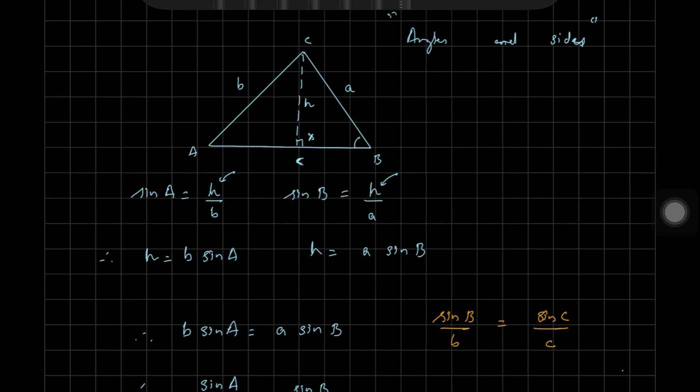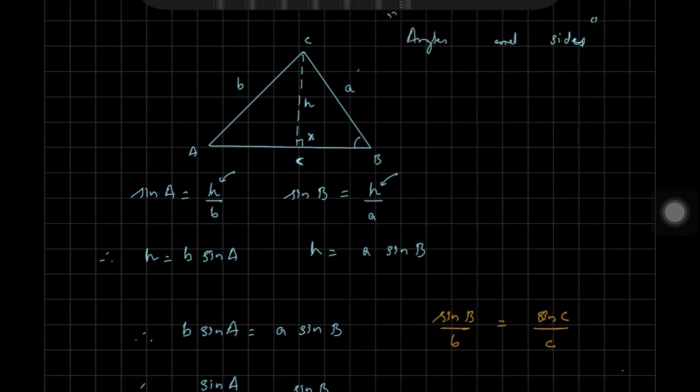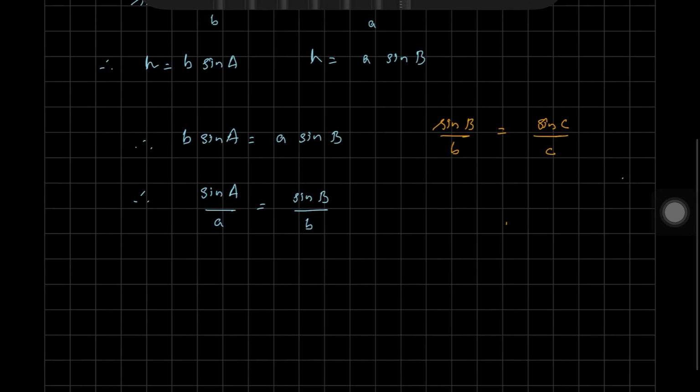So putting it all together now, we come to a conclusion that sine of A over a would be equal to sine of B over b, which is equal to sine of C over c.